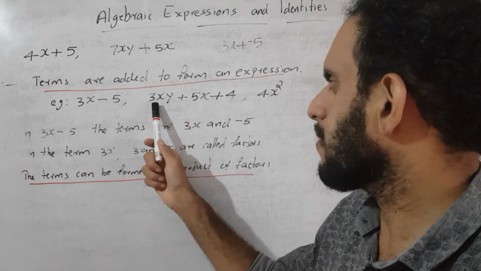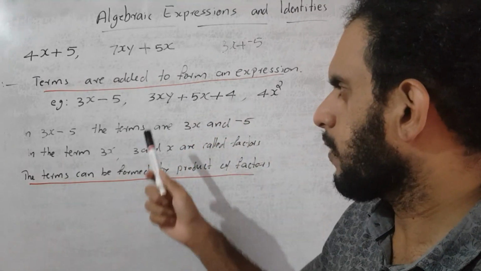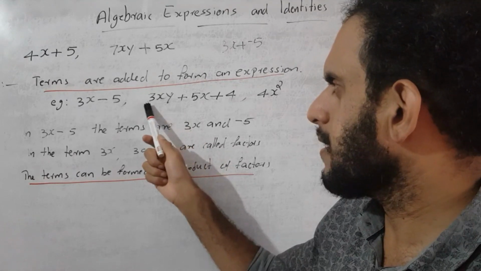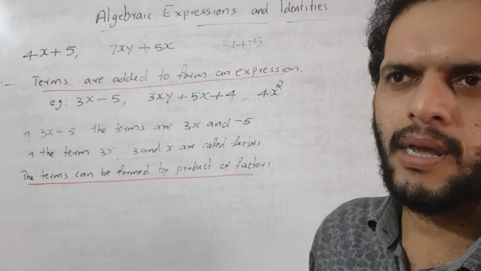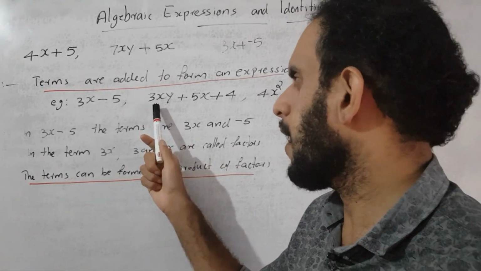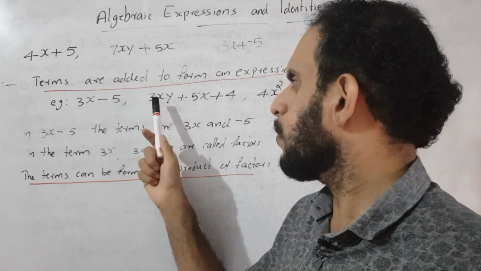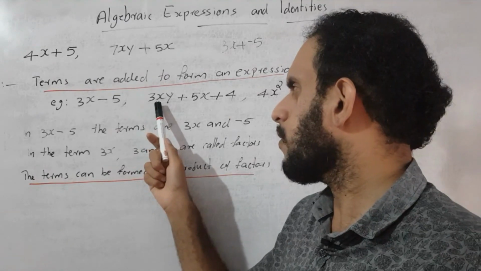In this second example, 3xy, 5x and 4. In the term 3xy, what is the numerical factor? The numerical factor is 3. So 3 is called the coefficient of xy.